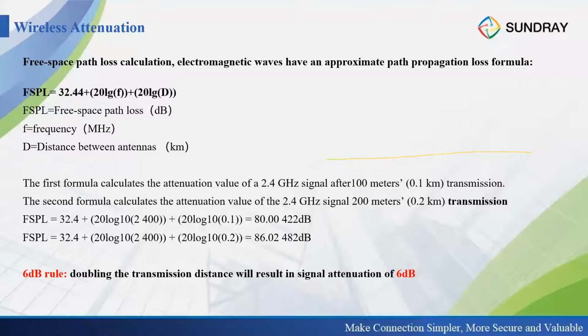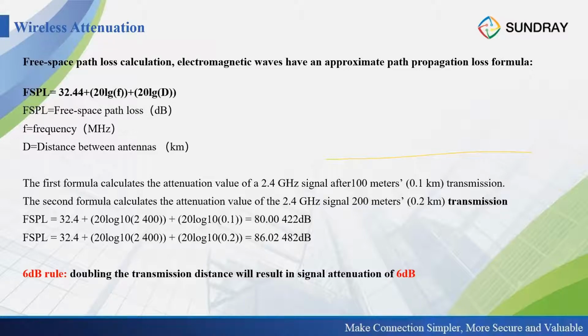So logically, if the signal is transmitted 100 meters, it should have about 80 dB loss, so the signal will become negative 60 dB.